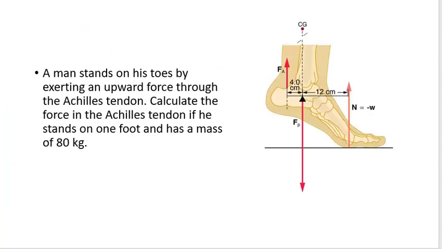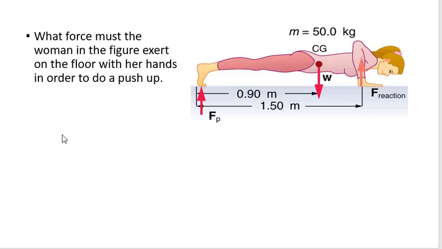I wanted you to solve this one. A man stands on his toes by exerting an upward force through the Achilles tendon. Calculate the force in the Achilles tendon if he stands on one foot and has a mass of 80 kilograms. The next item: what force must the woman in the figure exert on the floor with her hands in order to do a push-up?